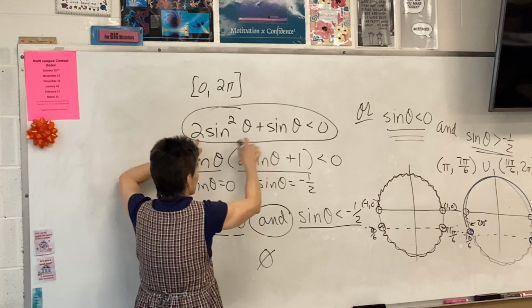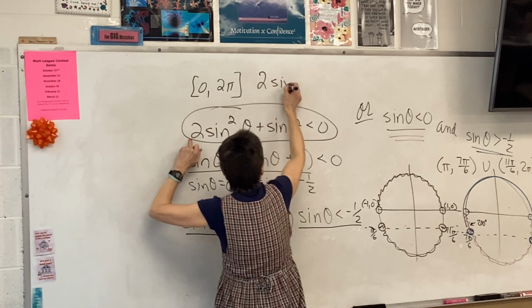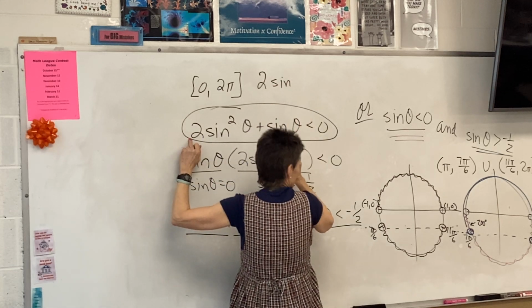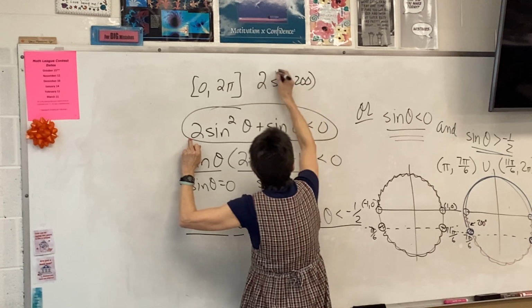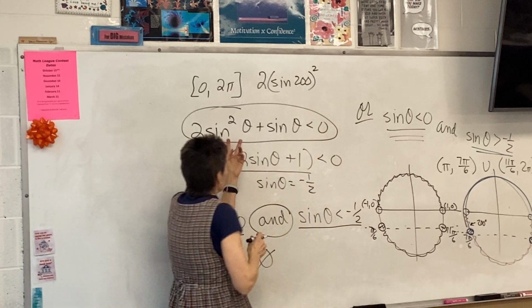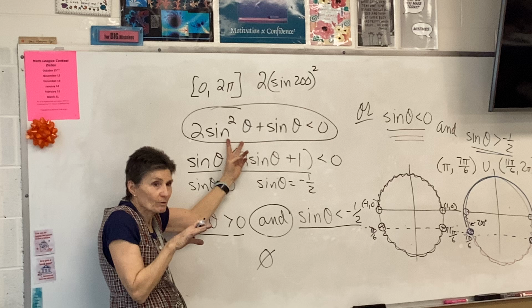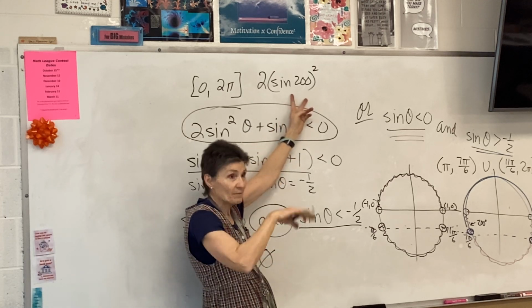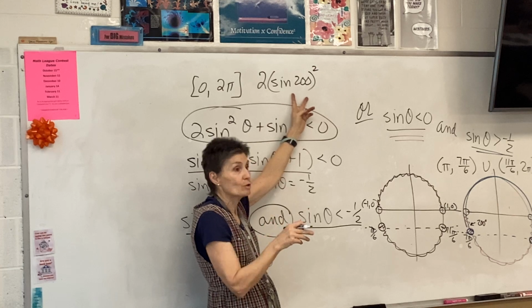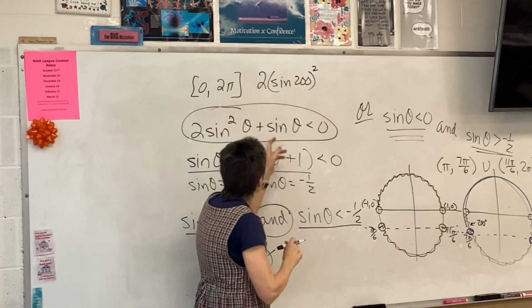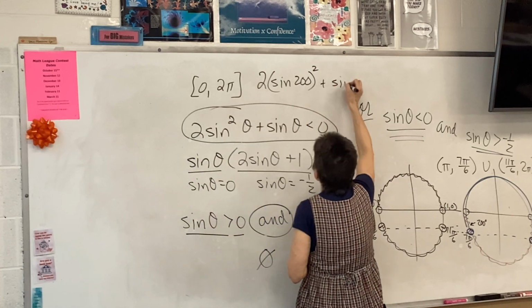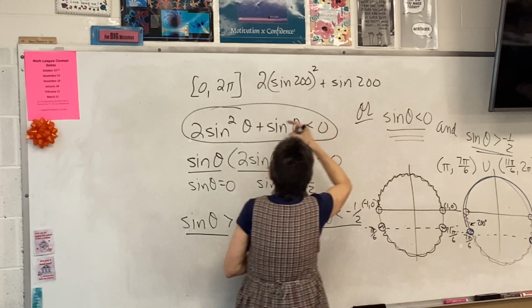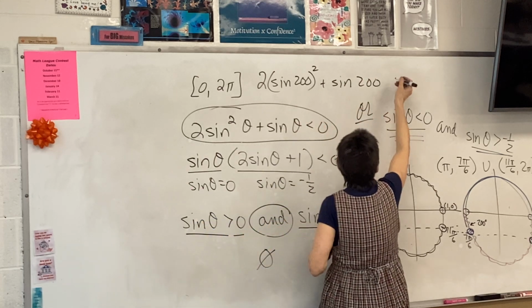If you're gonna put this into your calculator, 2 times the sine of 200 squared, we write it this way, but your calculator can't accommodate that, so you have to type it in this way. Put parentheses, sine 200, close parentheses, and square it. And then plus sine 200. And tell me what kind of a number you get.